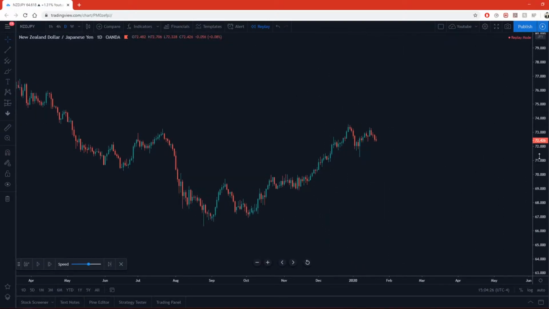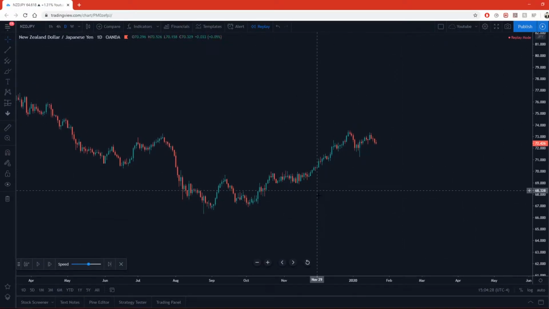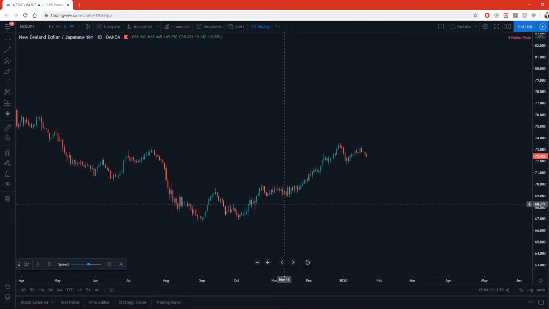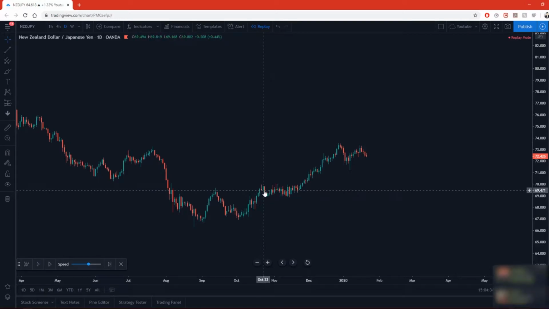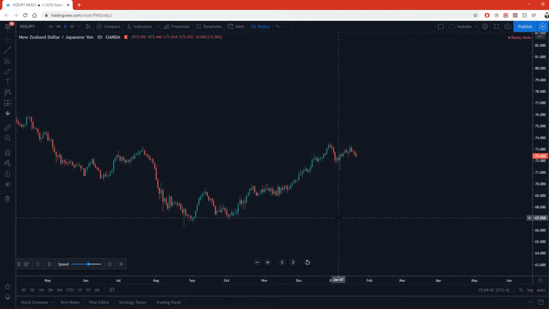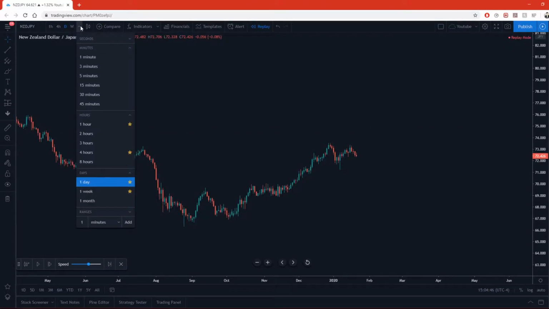There are different time frames on charts, and what they mean is, since I'm on the 1 day chart right now, every single candle is another day. So I want to explain what the candles mean and what each time frame means for every candle. Let's look up here at the time intervals, where I've selected 1 day.